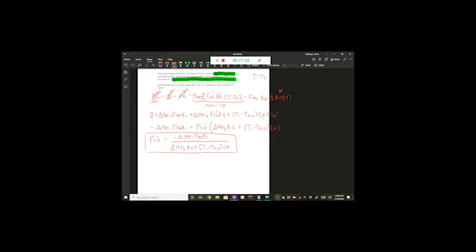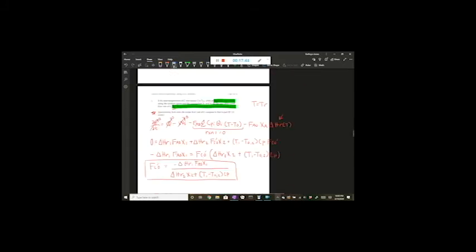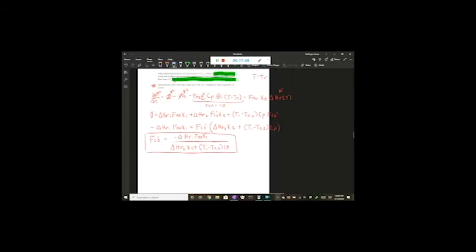Now let's talk about the qualitative question here. In part B, we would have gotten an expression, and if you had solved everything, you would have gotten an expression that looked like this.